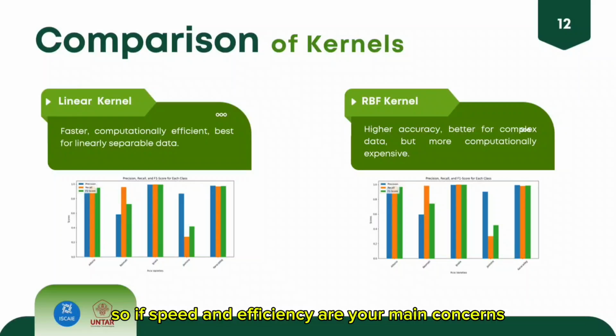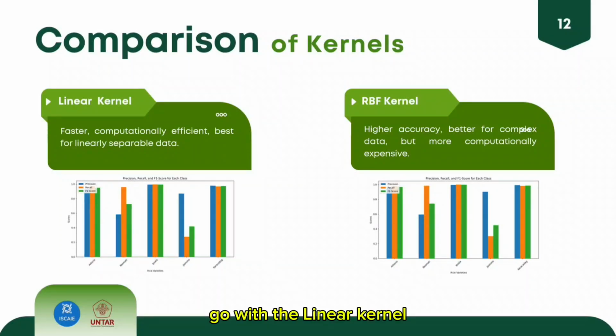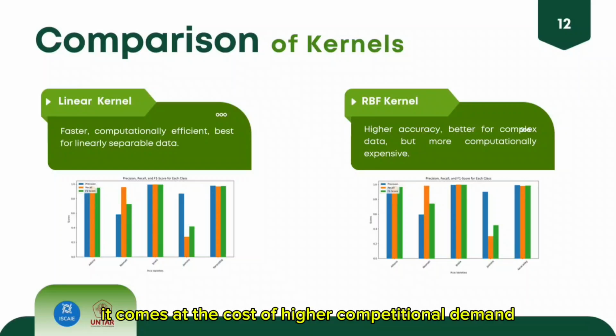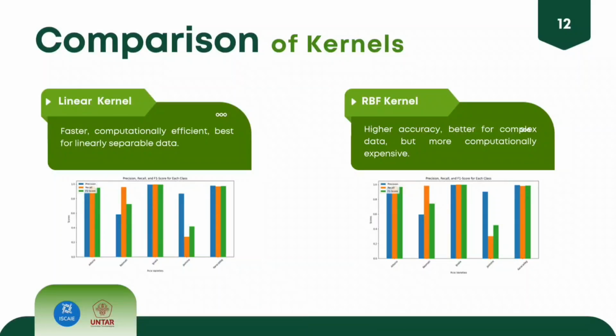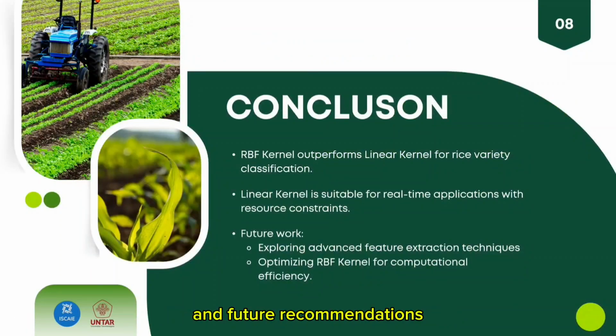So, if speed and efficiency are your main concerns, go with the linear kernel. If accuracy and flexibility are your priority, the RBF kernel is the better choice, though it comes at the cost of higher computational demand. With this comparison in mind, let's wrap up with the final conclusion and future recommendations.